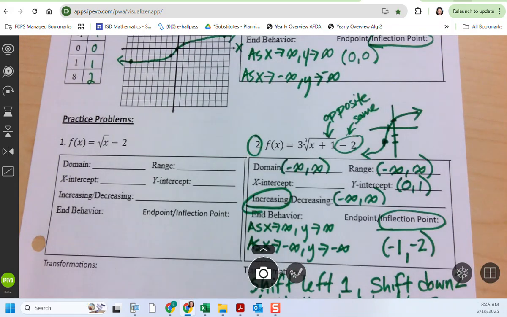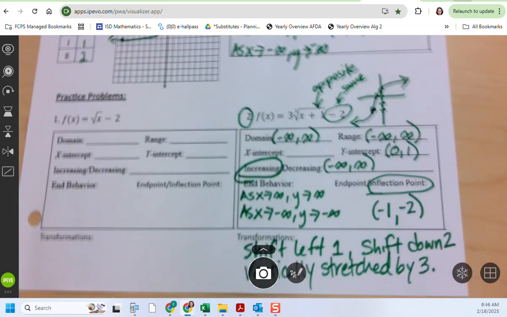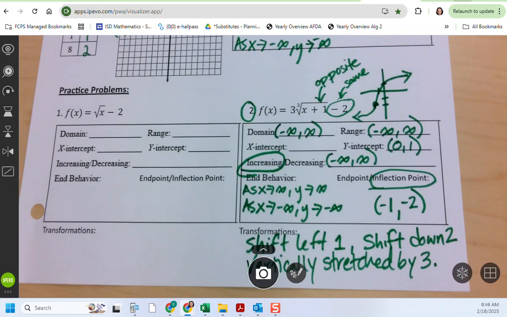All right, but we do have to find the x-intercept. I don't have a lot of space for it, so I'm going to use a little post-it note. If you have any scrap paper, you can also use scrap paper because we're going to have to do a little work to find the x-intercept. This is where we're going to incorporate the last lesson.